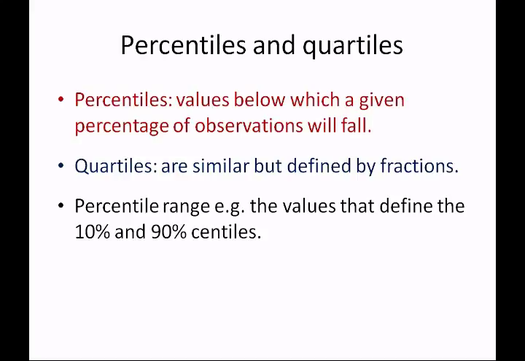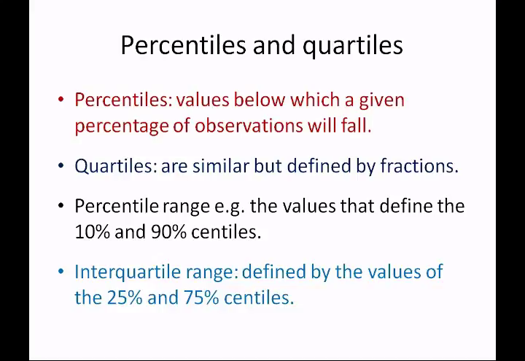And if you think about what we were discussing concerning outliers, this means that the range will be more robust and less affected by these outliers. The interquartile range, then, is defined by the values of the 25% and the 75% centiles. In other words, it contains the middle 50% of the observations that we're looking at.